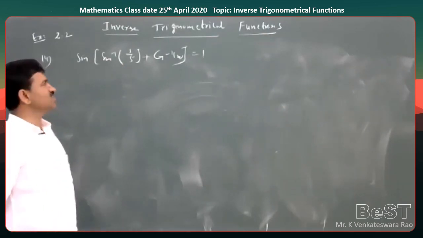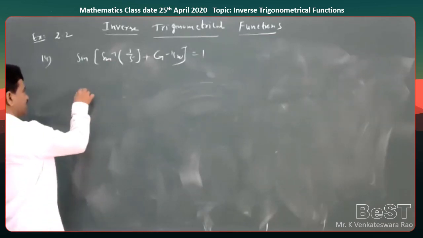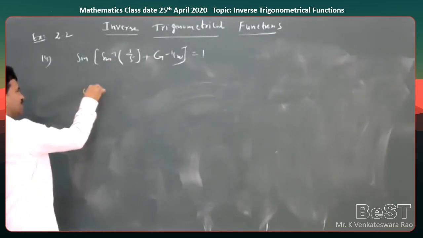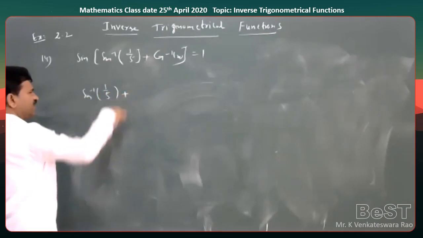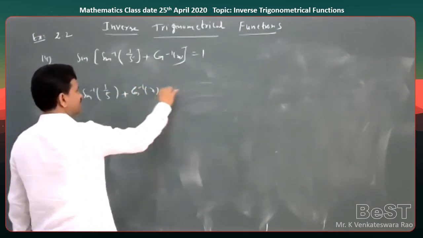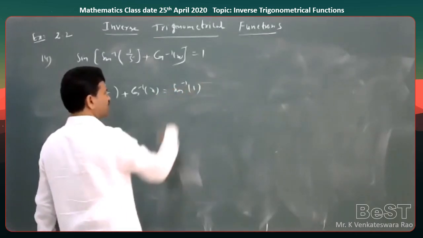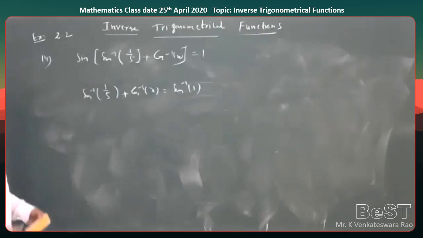And how to find this one? Sending this sine to the right side first. See this step by step. Sine inverse of 1 by 5 plus cos inverse of x is equal to sine inverse of 1. What is the sine inverse of 1 value? Pi by 2.